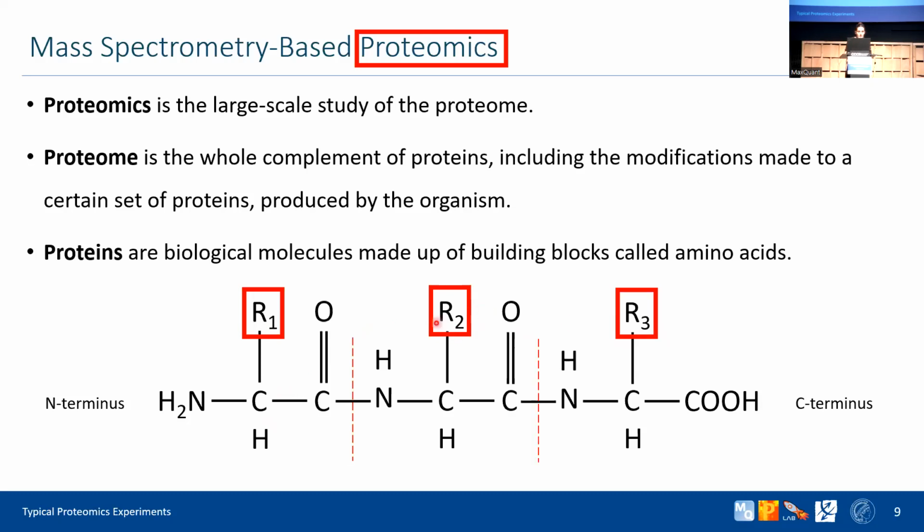Here you can see the 2 peptide bonds that we have in this example. For example, here you have the peptide bond between the carboxyl group of the first amino acid and the amino group of the next amino acid.